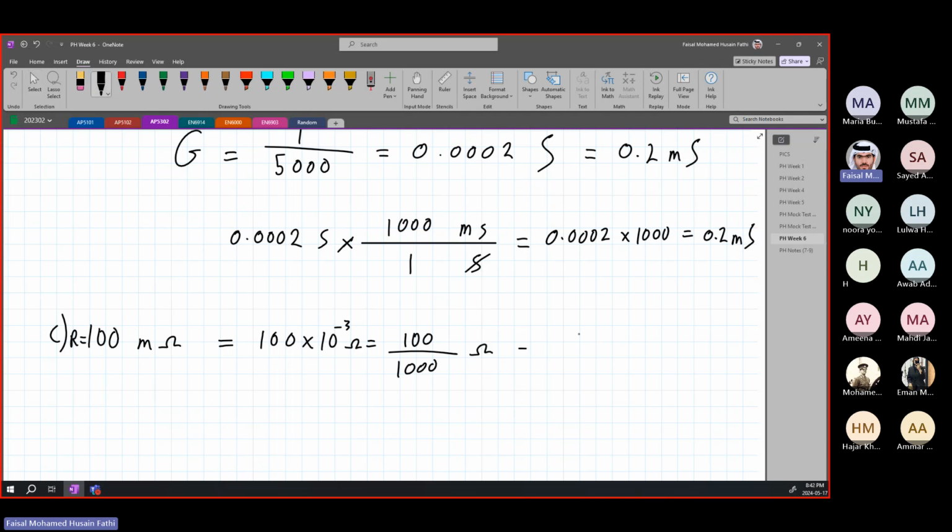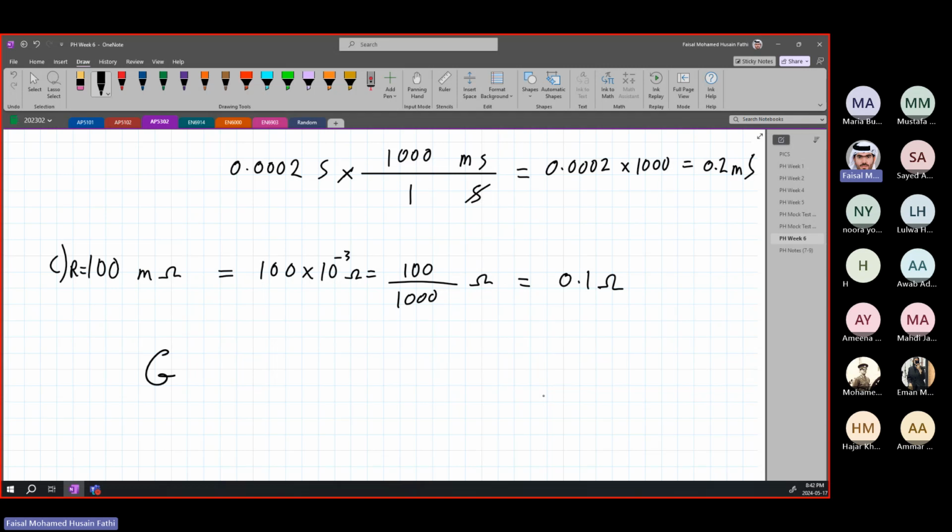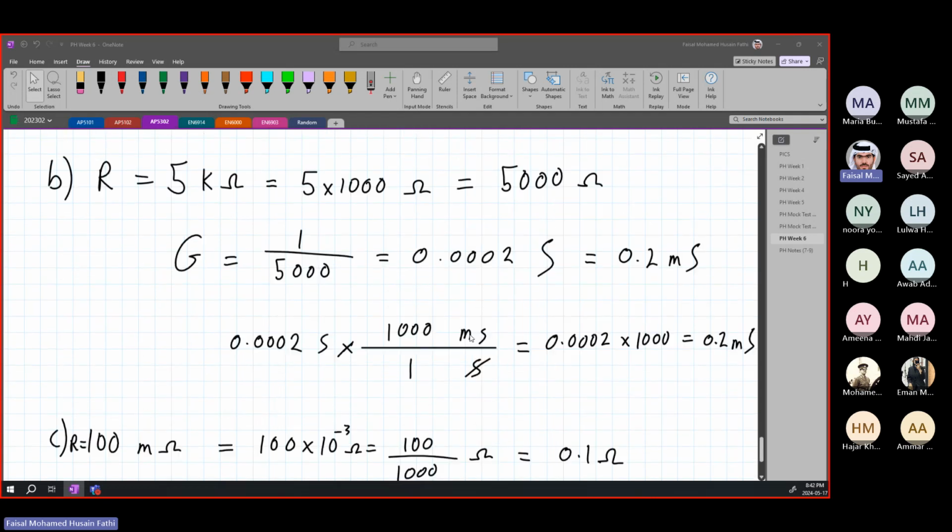So this is simply equal to 0.1 ohms, okay? So if we want to find our conductance now, it is 1 divided by 0.1, which is simply equal to 10 Siemens, okay?